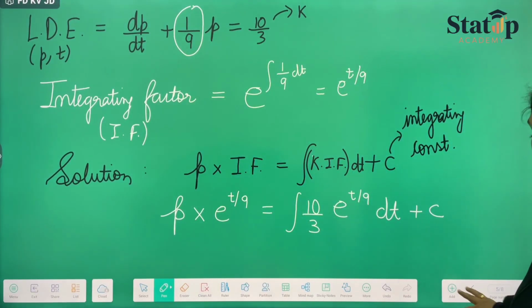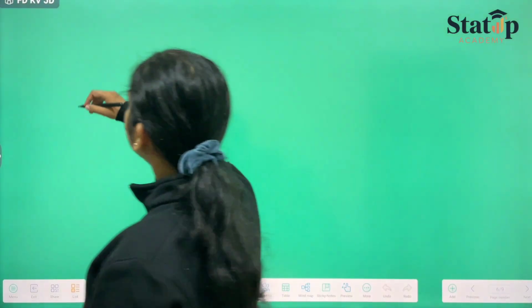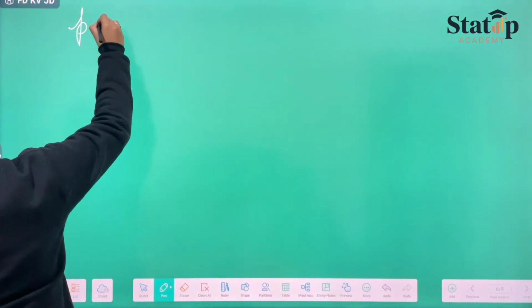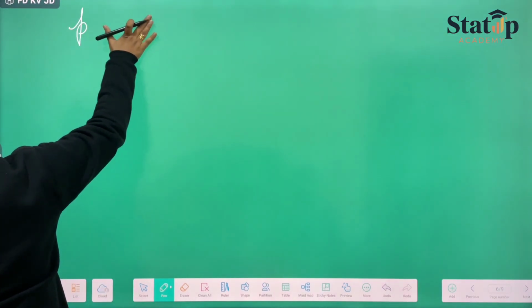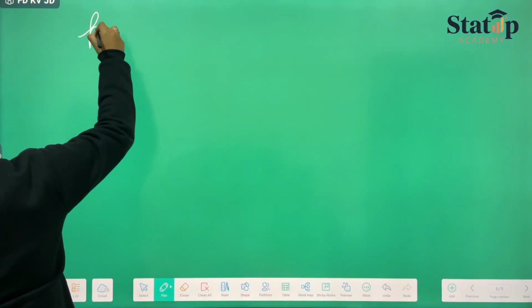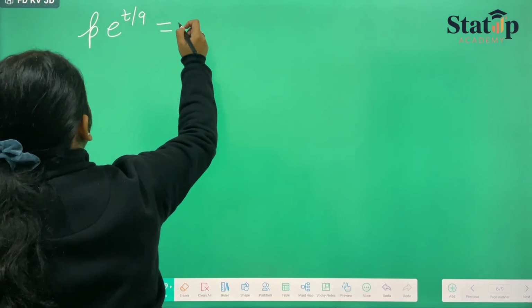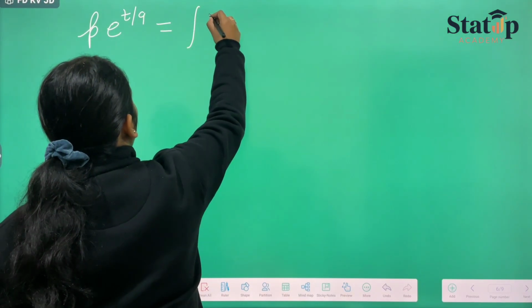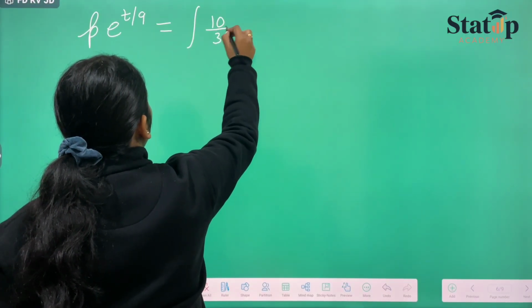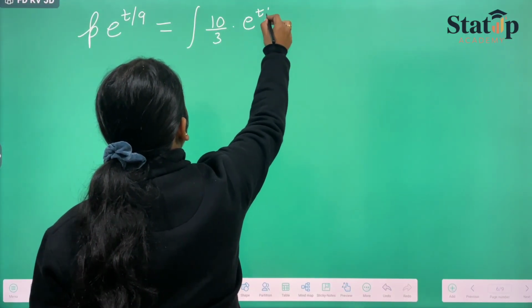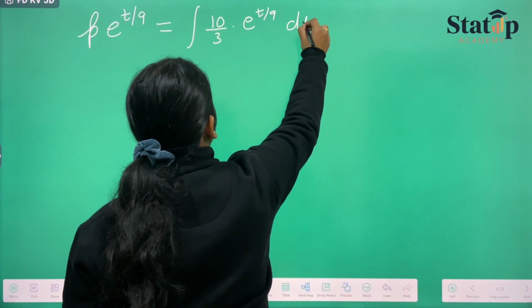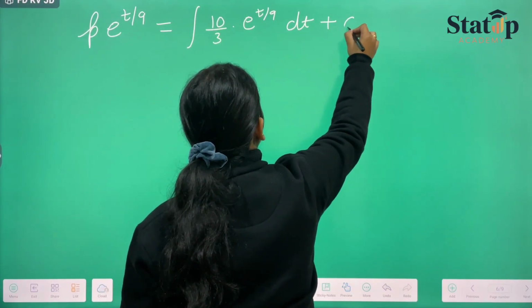So solving it on the next page, p e raised to the power t by 9 equals to integration of 10 by 3 into e raised to the power t by 9 dt plus c.